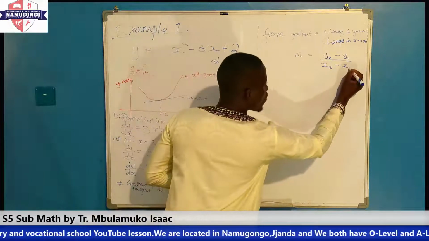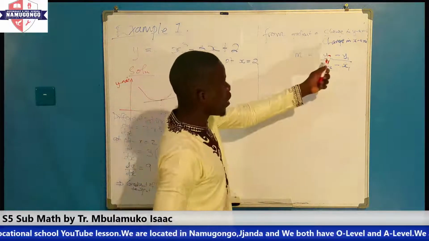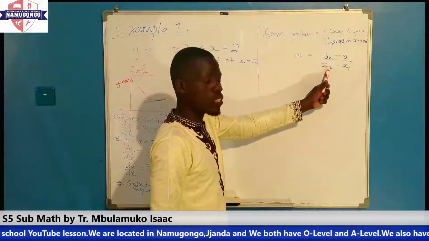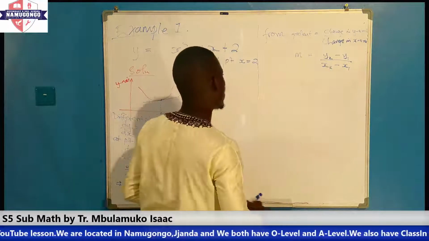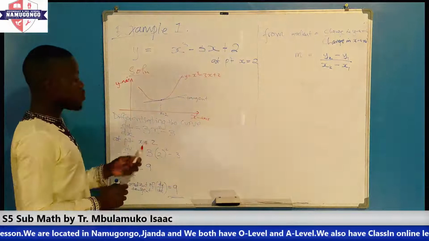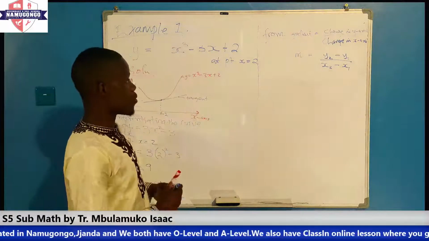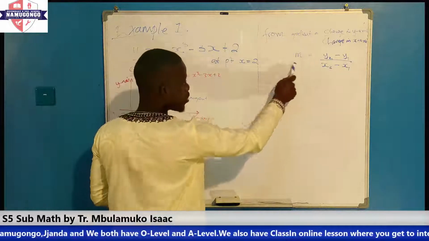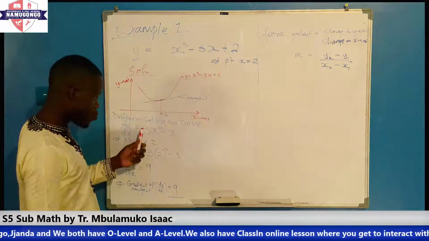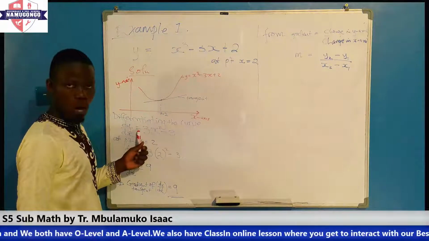So we shall first take note of what our y2, y1, x2, and x1 are. The value of x we have here could fall under any category, but when we are calculating, we shall need the value of y, which we have not seen anywhere.